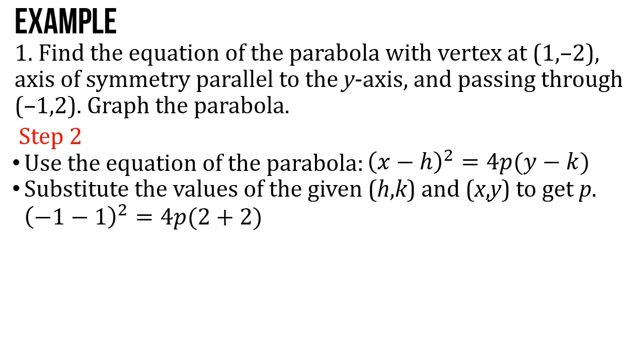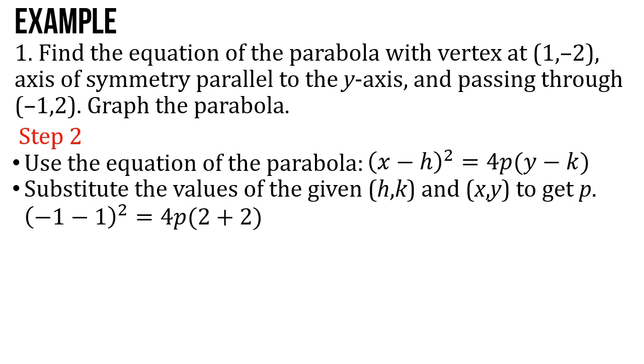So negative 1 minus 1 squared equals 4p times 2 plus 2. As you can see, our x is negative 1, so negative 1 here. Our h is 1, so minus 1 squared equals 4p times our y is 2.